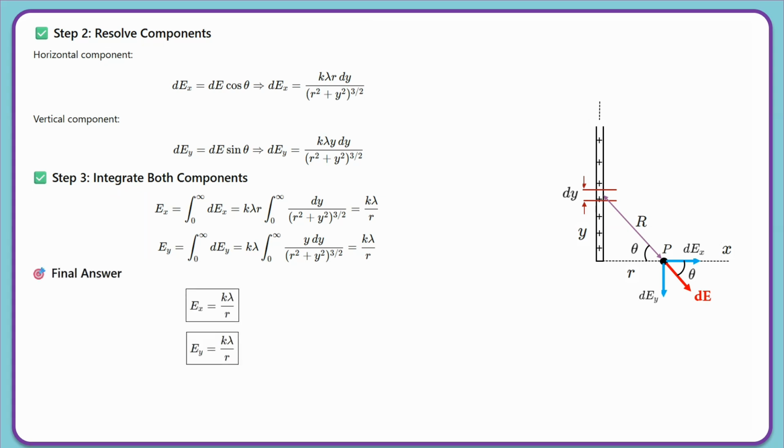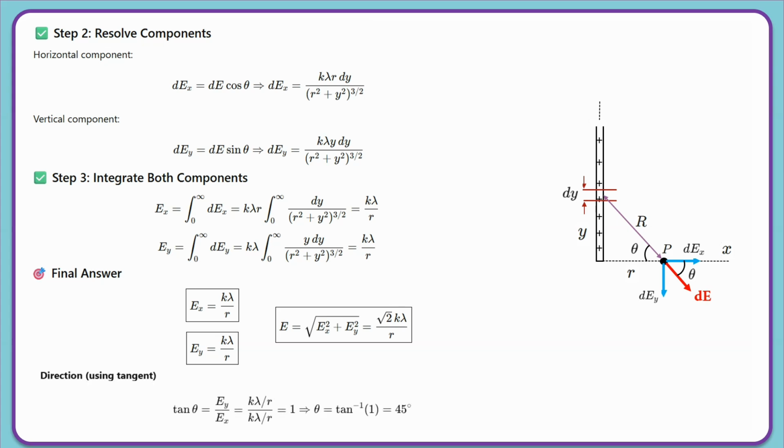Now we can calculate the magnitude of the electric field. Since Ex and Ey are equal, the magnitude becomes square root of 2 times k lambda divided by r. Finally, let's find the direction.